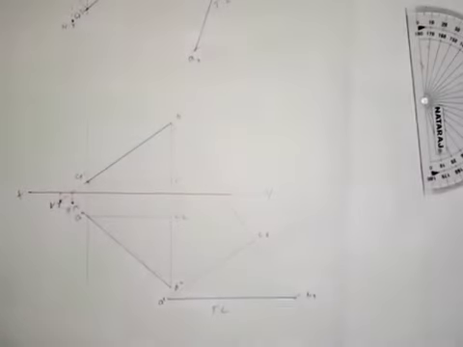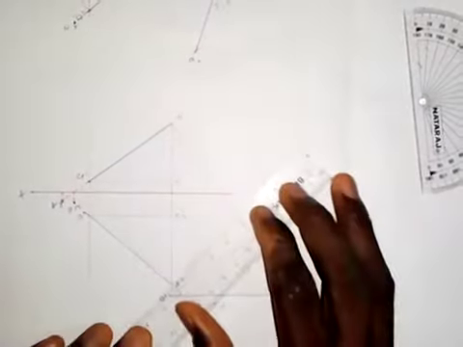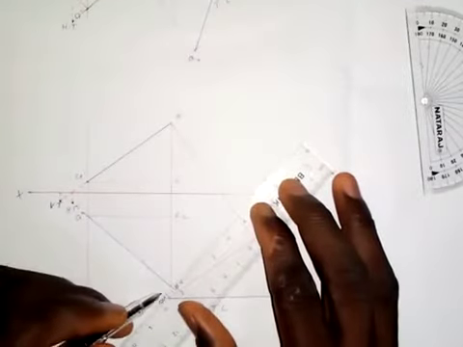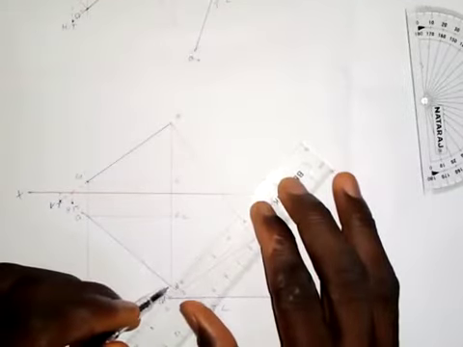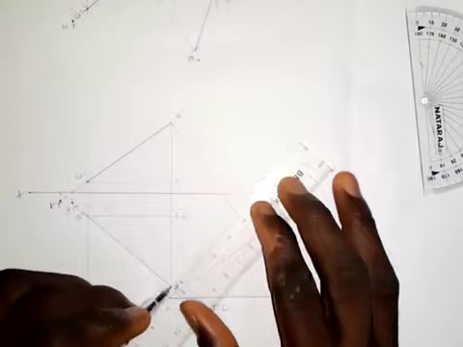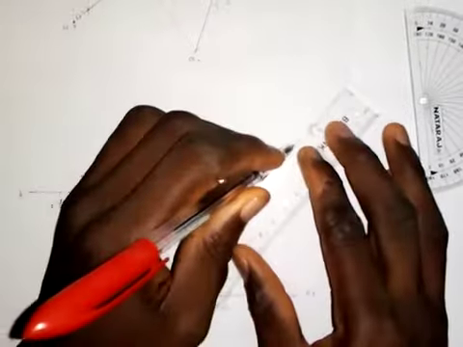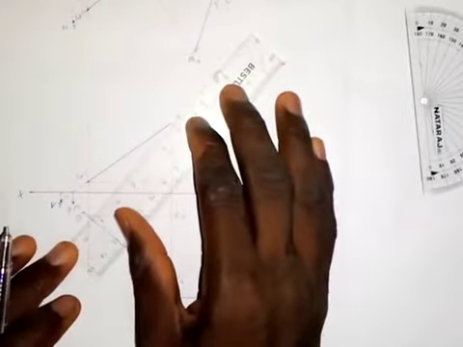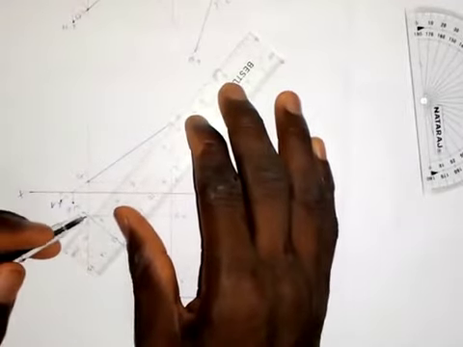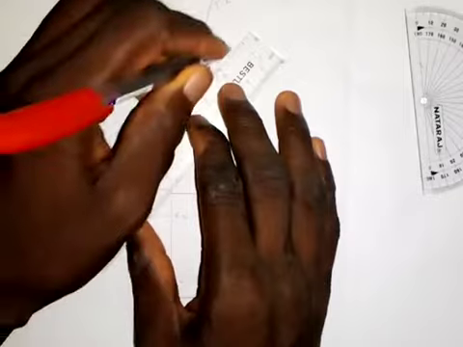Then I will draw a line through this point, and also draw a line through this point from A2 like this.